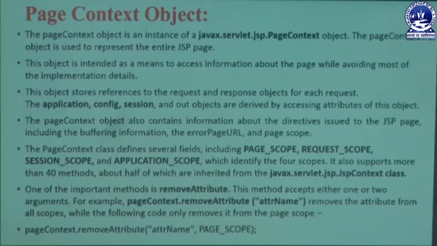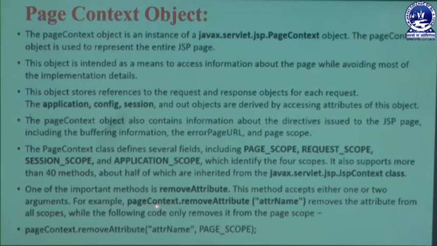These scopes support more than 40 methods, about half of which are inherited from the javax.servlet.jsp.JspContext class. One of the important methods is removeAttribute, and this method accepts either 1 or 2 arguments.